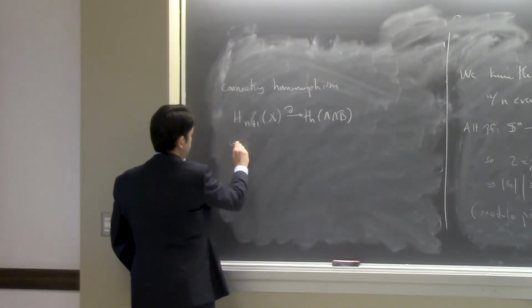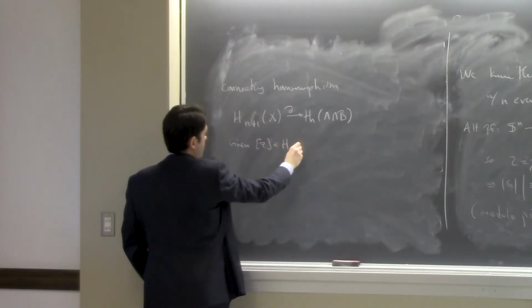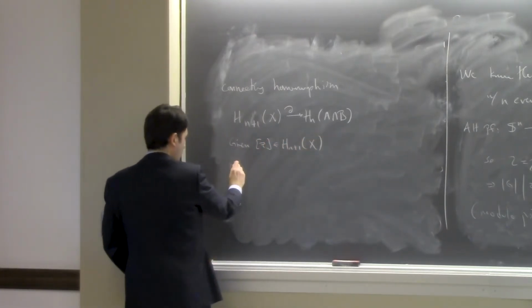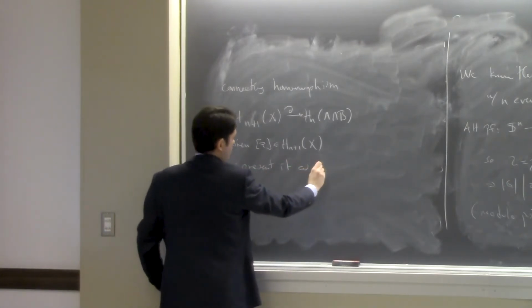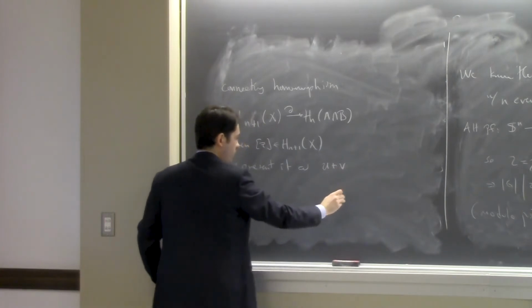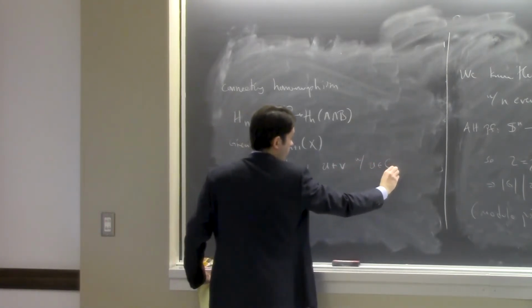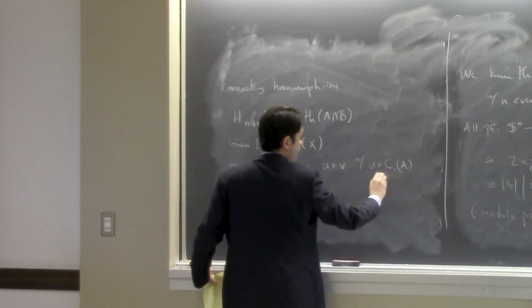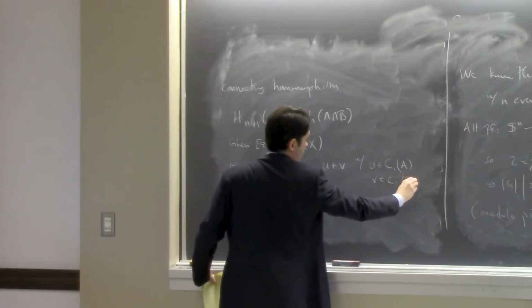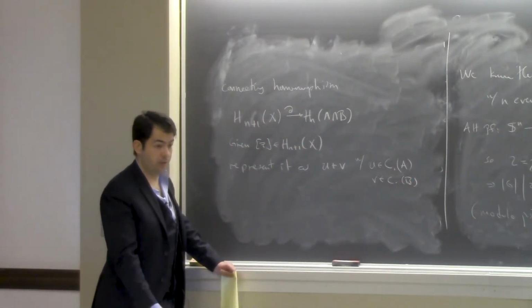Given a class in here, we can represent it as a sum u plus v, with u in C star A and v in C star B. Right, so this is something we proved when we were proving excision.